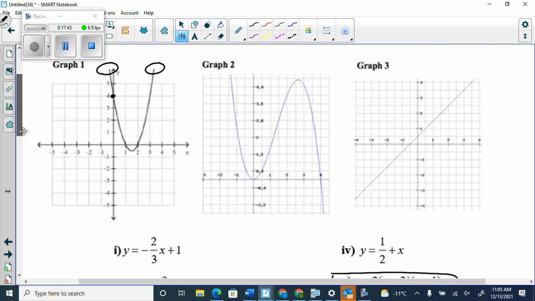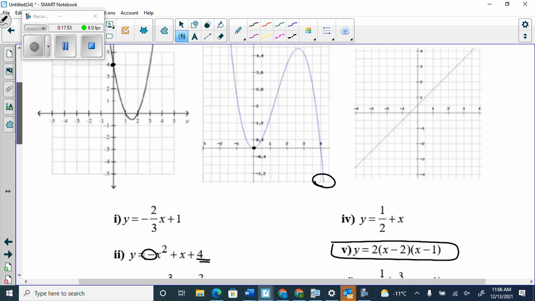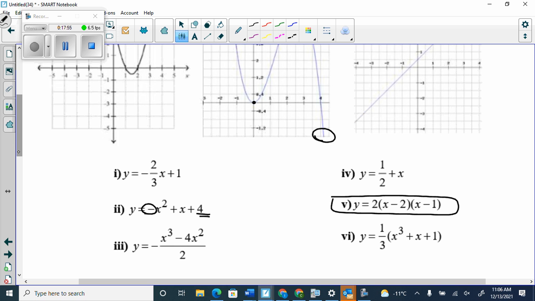Graph 2 is a cubic function. It's down on the right, so I need a negative leading coefficient, and it has a 0 as a y-intercept. So I shouldn't have a constant, right? So negative leading coefficient. And if I put this 2 through, it actually is the same as saying negative 1/2. I'll show you what I could do.